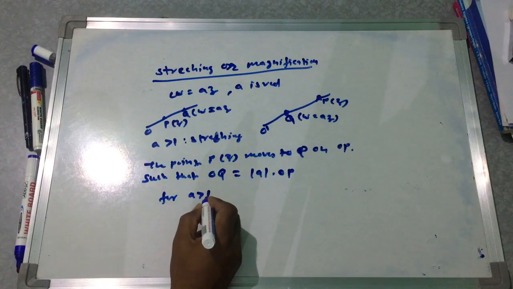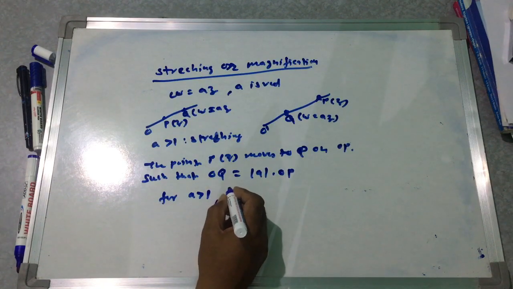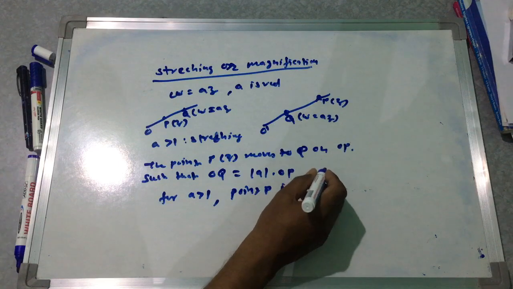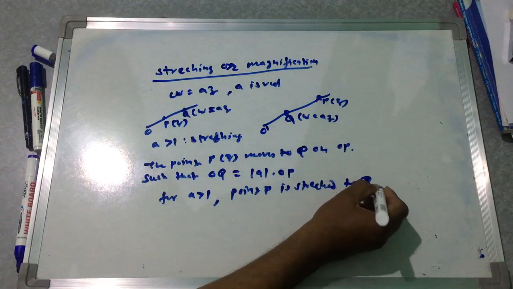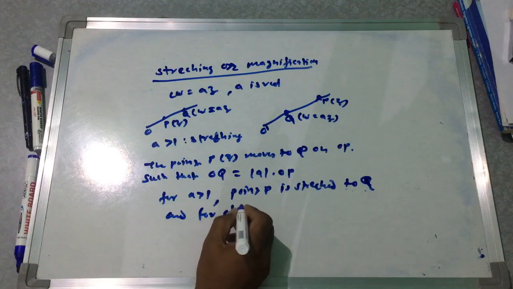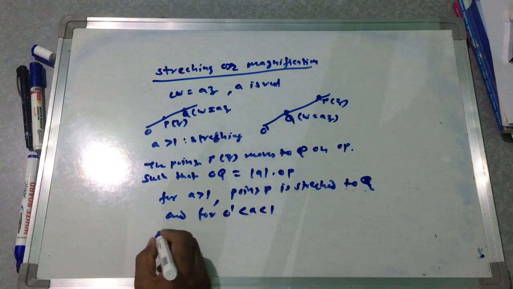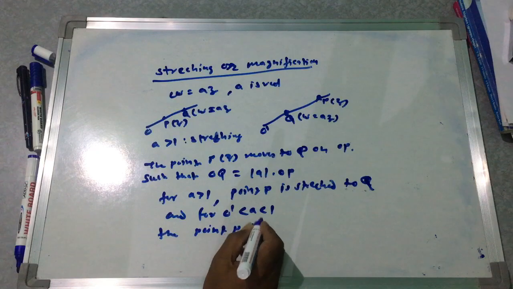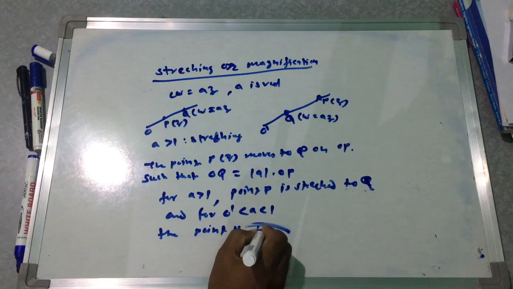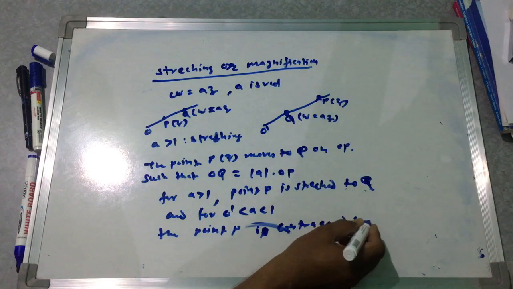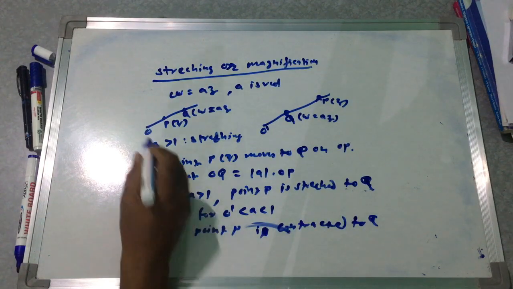For A positive, A greater than 1, the point P is stretched to Q. And for 0 less than A less than 1, the point P is contracted to Q. So we have seen the figure.